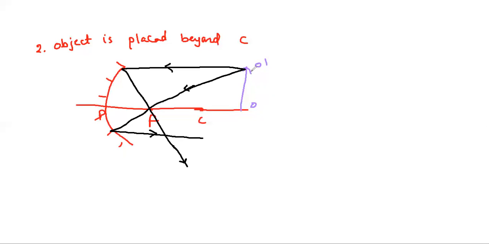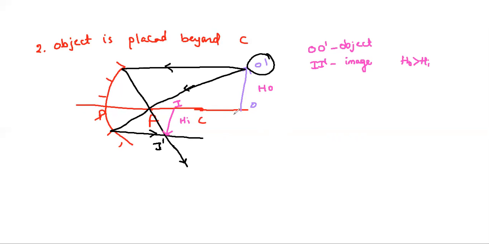Now, the O dash point is formed here. Let us consider the intersection of the reflected rays is I dash. So you will get the image on I dash, since you will get the linear magnification. So I dash will be like this. Where O dash is object and I dash is image. Now if you consider the height of the object with respect to the height of the image, height of the object is more than that of the height of the image.